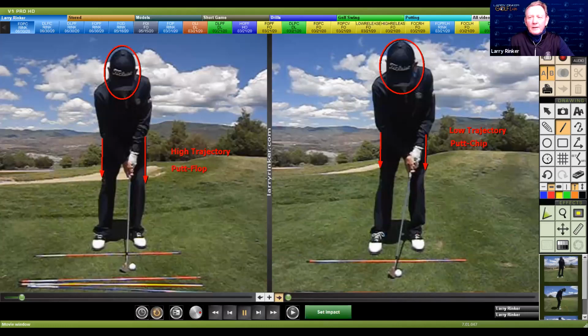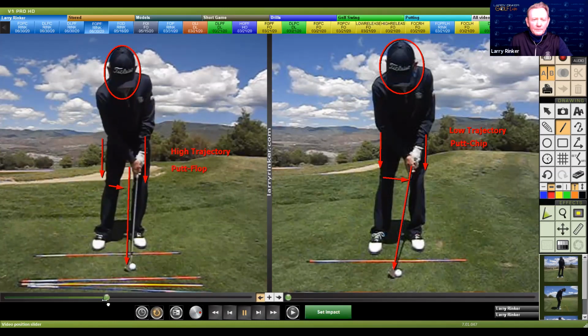So Stan, I'm going to throw up some video of me here. I've got these two shots: a high trajectory shot on the left and a low trajectory shot on the right. I think a lot of people don't really understand. You can see that 80 degrees, so I'm probably leaning that shaft forward about 10 degrees. And then here, 88, just 2 degrees of lean. There are really two different releases that I teach.